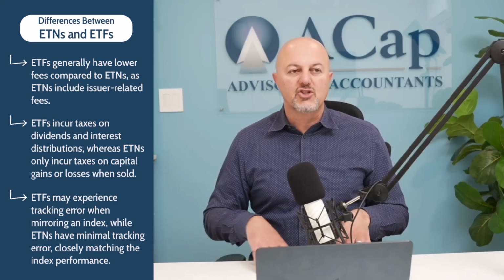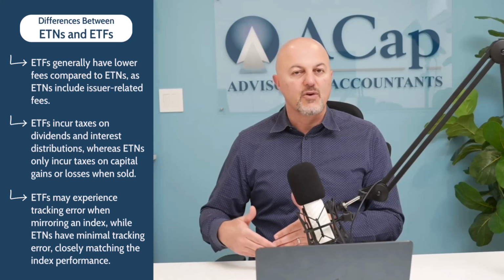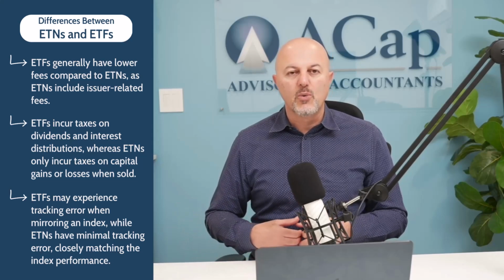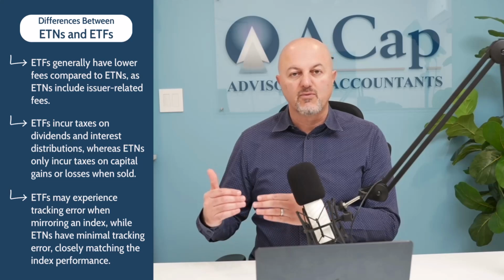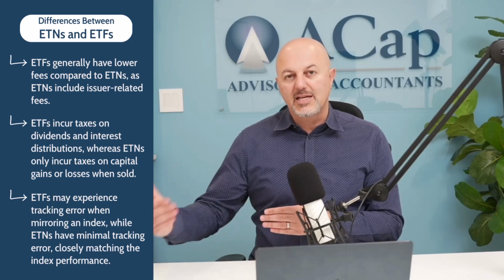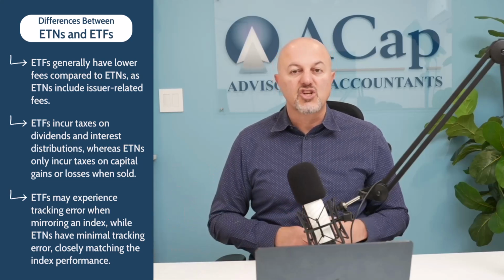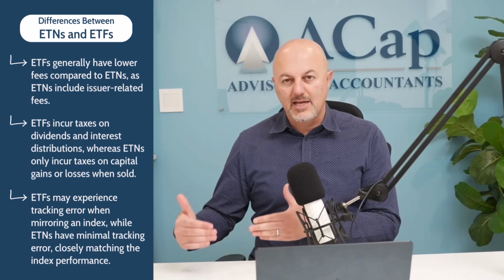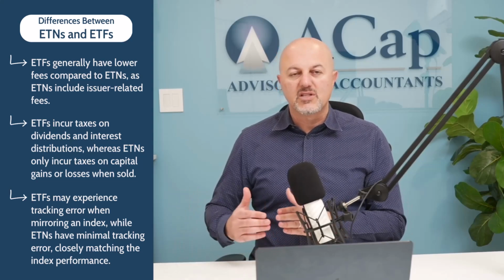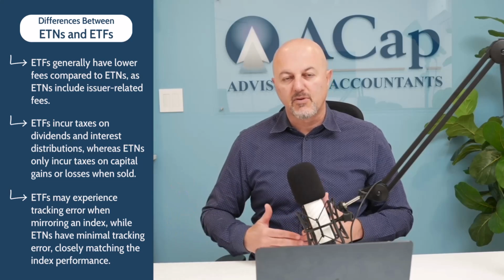So if you have an exchange traded fund that tracks the S&P 500, there's always going to be some lag between the performance of the ETF versus the S&P 500. But if you have an exchange traded note that tracks the S&P 500, then there's going to be no lag between the performance of the exchange traded note versus the S&P 500.